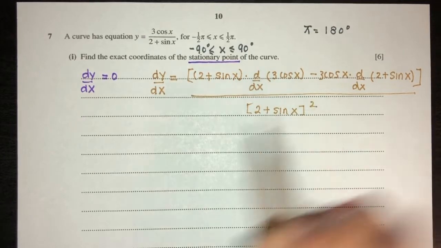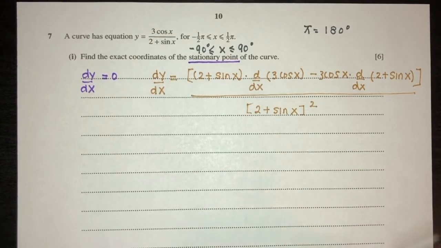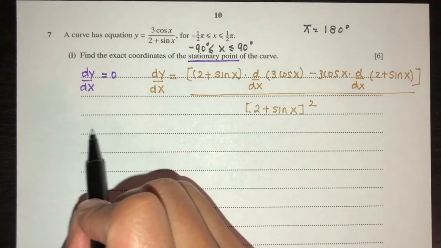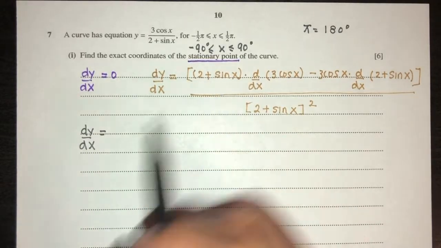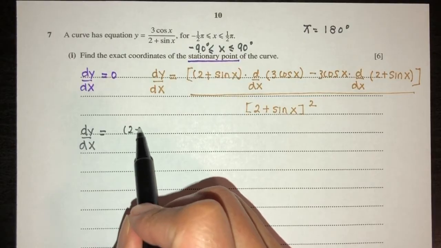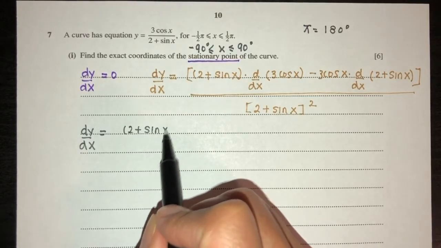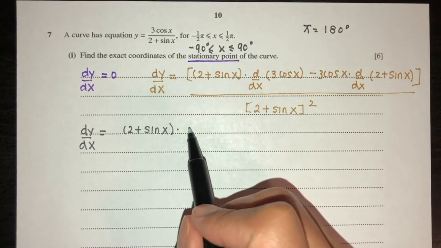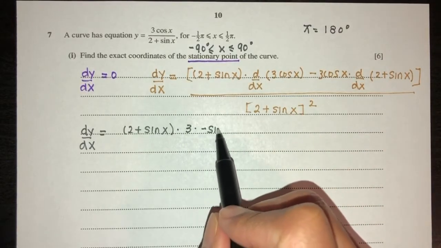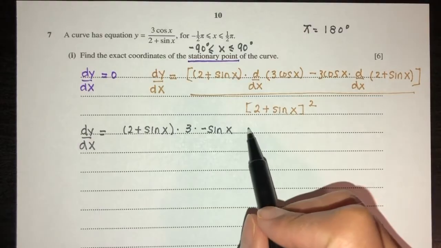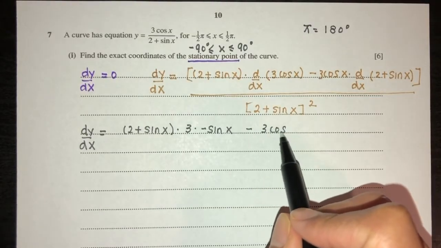Now we can simplify step by step. So on top, what would you have? dy by dx is equal to 2 plus sine x will remain the same, multiplied by 3, which is only a multiple, and cos will become minus sine. Here we have minus 3 cos x.